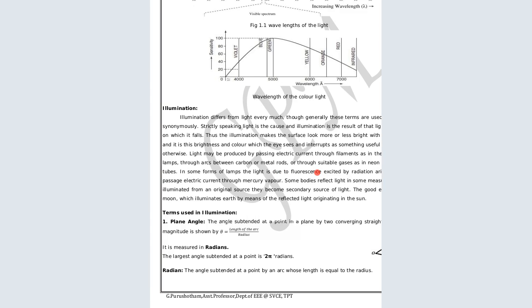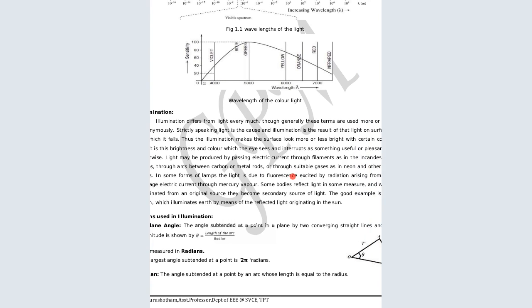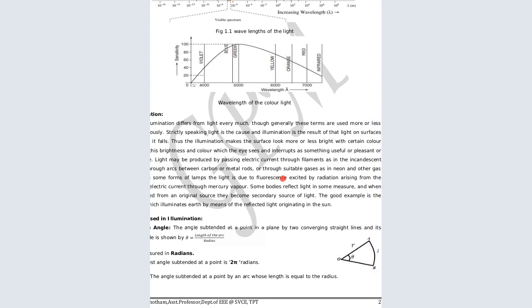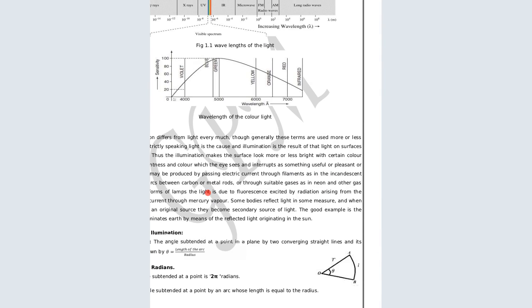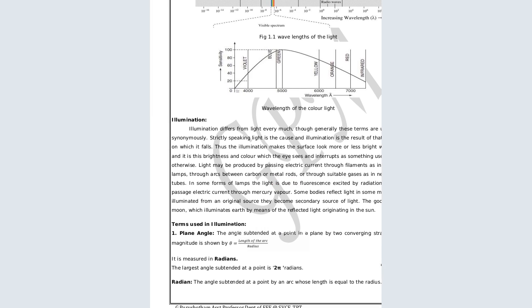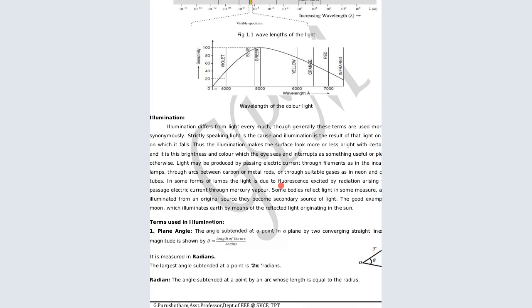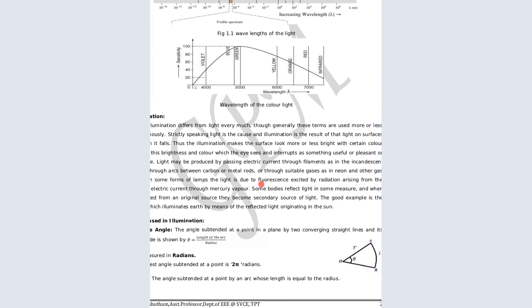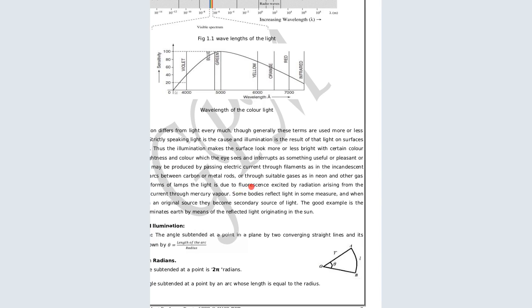Thus, illumination makes the surface look more or less bright with a certain color, and it is this brightness and color that the eye sees and interprets as something useful or pleasant.